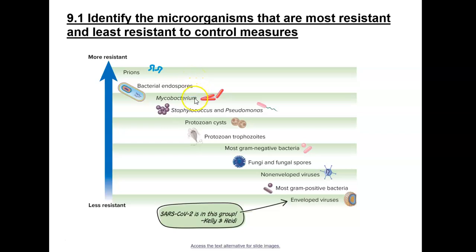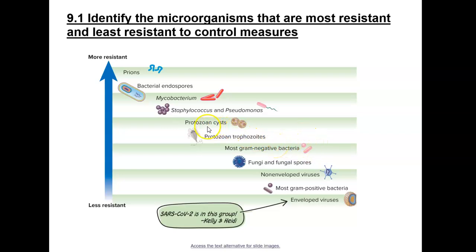Even at home, we get to Staphylococcus and Pseudomonas, other kinds of bacteria common in our environment, and they're a little more resistant than other bacteria. Look down here: the rest of the gram-negative and gram-positive bacteria. Gram-positive are a little more sensitive to control than gram-negatives. Remember, gram-negatives have that outer membrane. It makes them a little bit tougher.